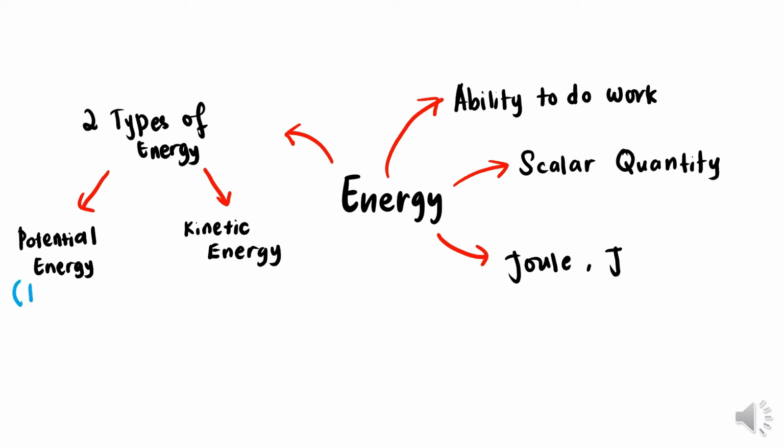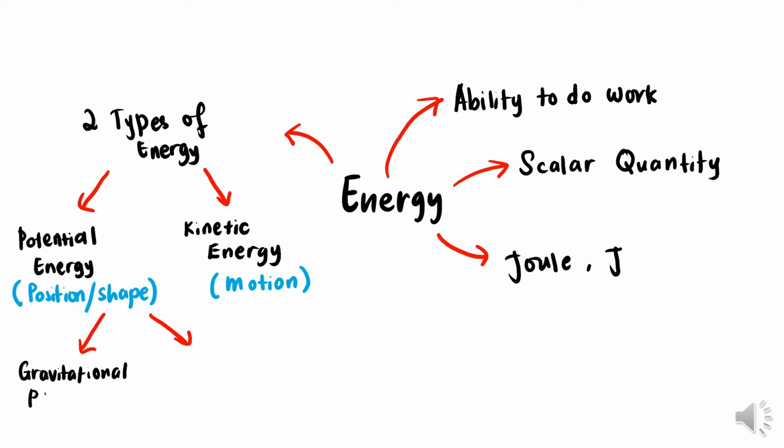Potential energy can be further divided into two: gravitational potential energy and elastic potential energy. Potential energy is about position and shape, and kinetic energy is about the motion of an object.